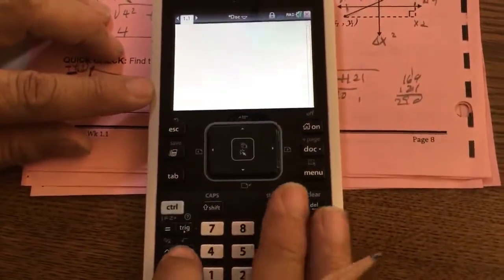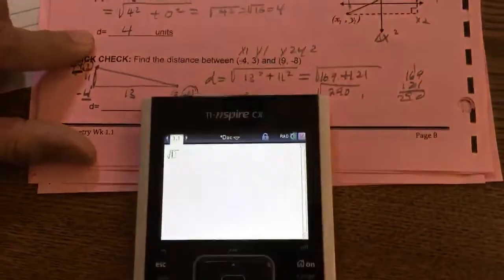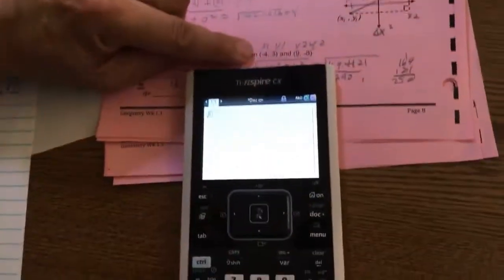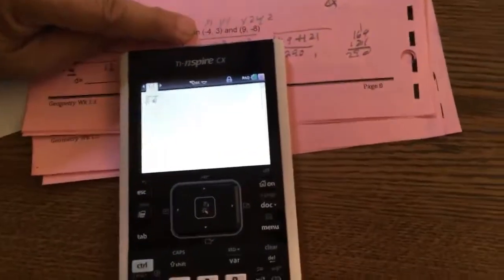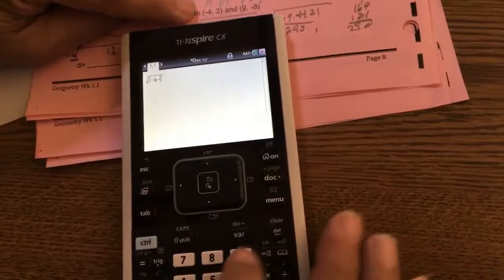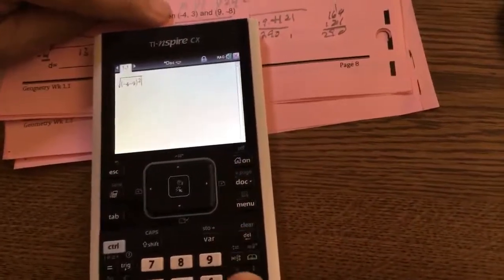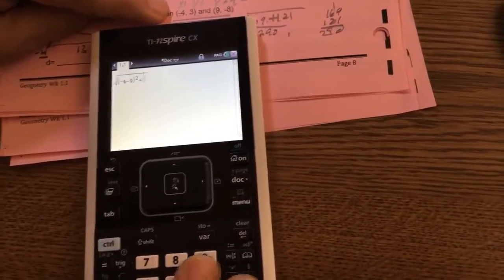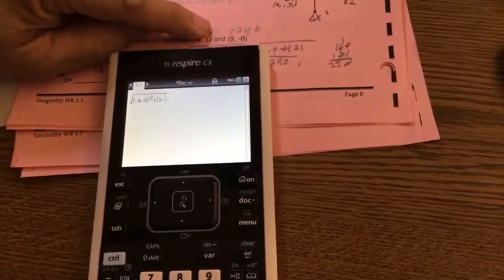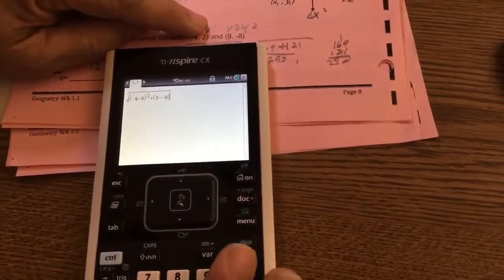Control square root, and I've got to get the difference. So the formula is, in parentheses, -4 minus 9, close it, square it, plus parentheses 3 minus -8, close the parentheses and square it.